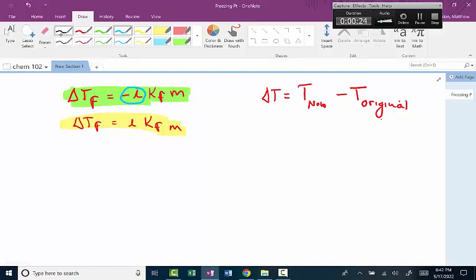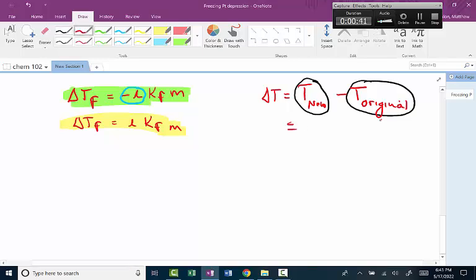The reason is that delta T is always the new melting point minus the original. But since it's a freezing point depression, the original is always a bigger number and the new one is smaller. And that's always going to make delta T negative for freezing point depression.